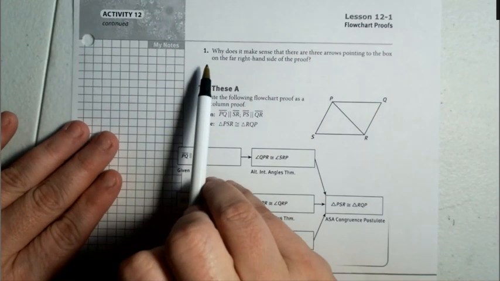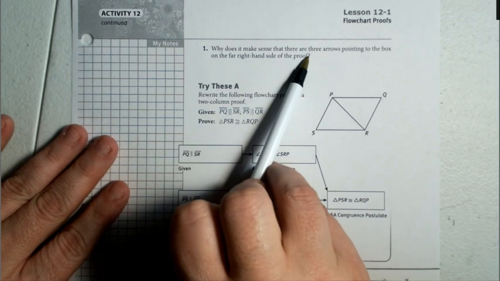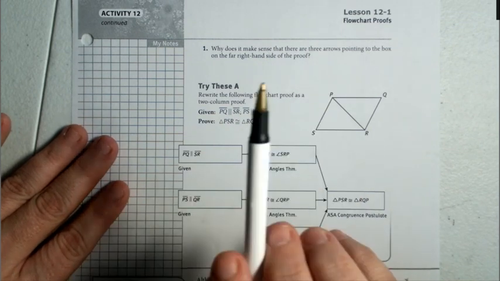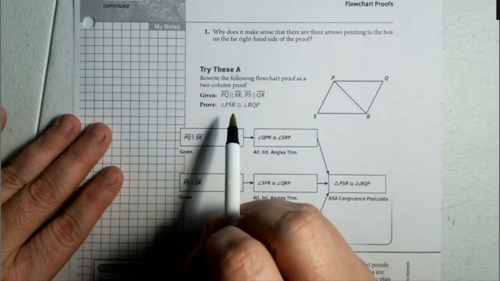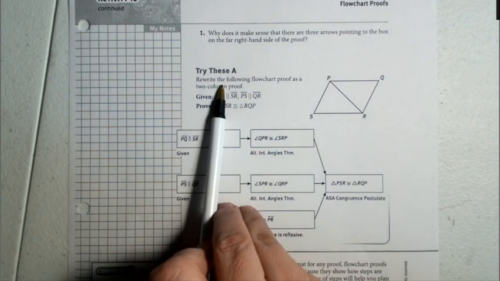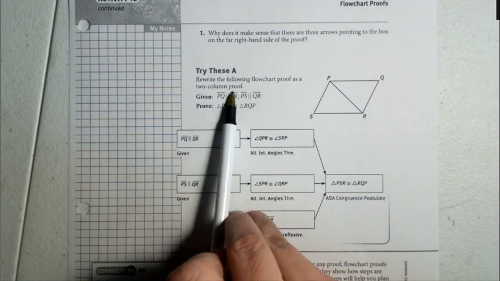Question number 1 says, why does it make sense that there are 3 arrows pointing to the box on the far right-hand side of the proof? Here in the try these A, I want to actually have you combine both of these parts. Try these A. It says rewrite the following flowchart proof as a 2-column proof.